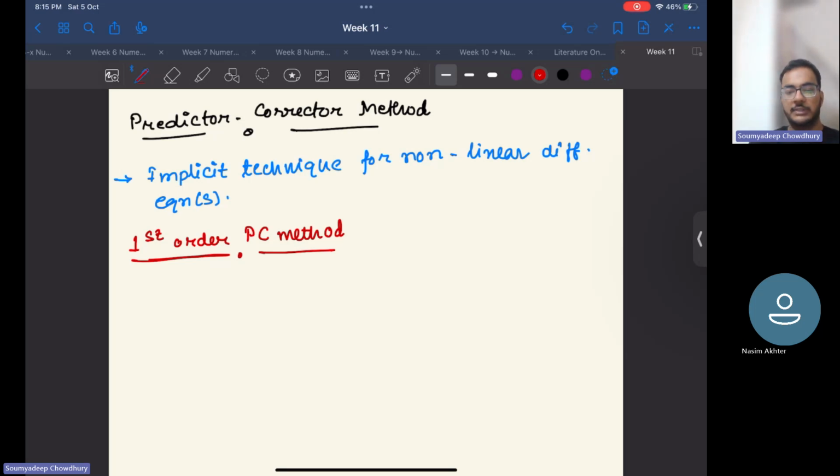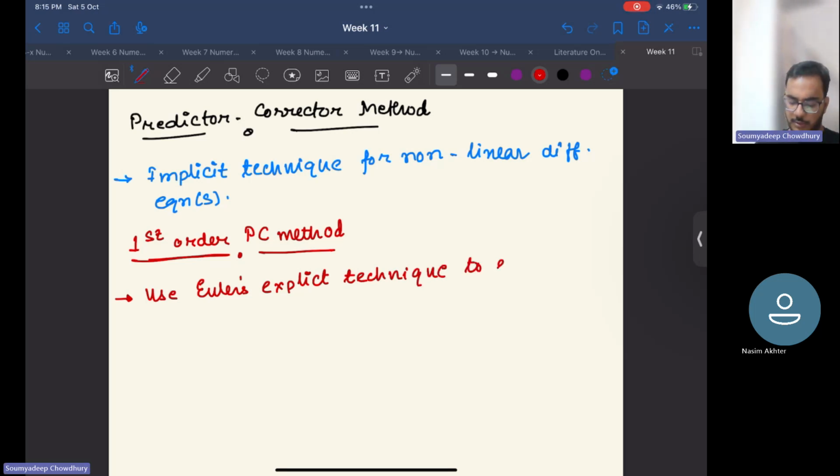So here first we will be using Euler's explicit technique to estimate the solution.